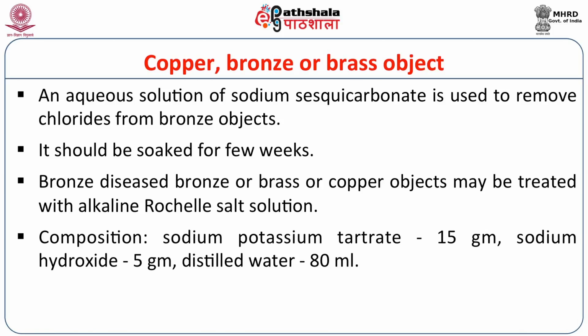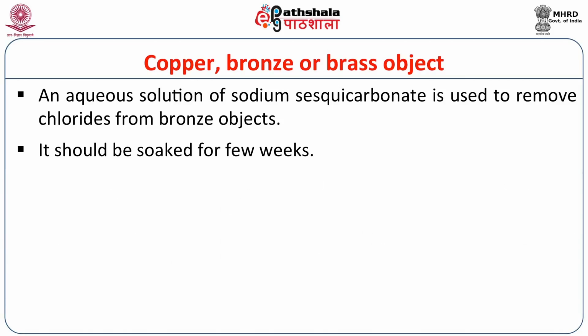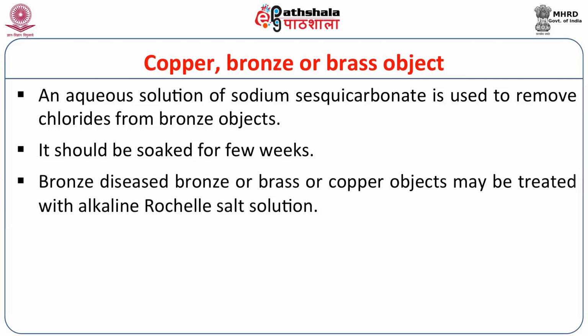For this type of object, an aqueous solution of sodium sesquicarbonate is used to remove the chlorides. It should be soaked for a few weeks. For bronze disease, bronze or brass or copper objects may also be treated with alkaline Rochelle salts.